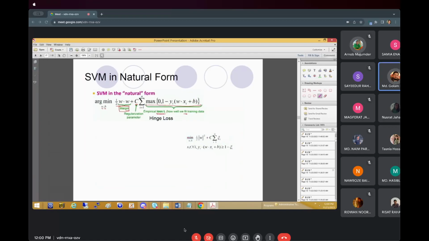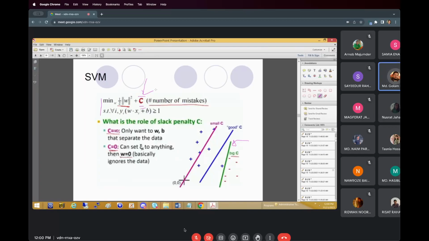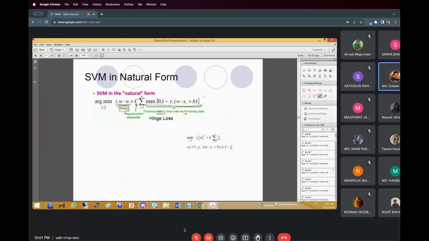So now we can see that there is the same constant, the number of mistakes. This one we can now represent using a loss function. The loss function we can represent using this. This is called the hinge loss. The C is the weight of the penalty, usually called the regularization parameter, and this is our loss function.